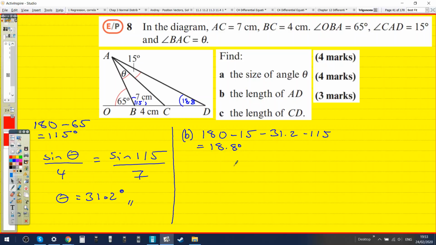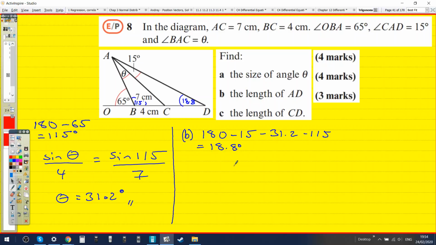Might have to be something to do with this small one. Do we have the length of AB? Should we work out AB?